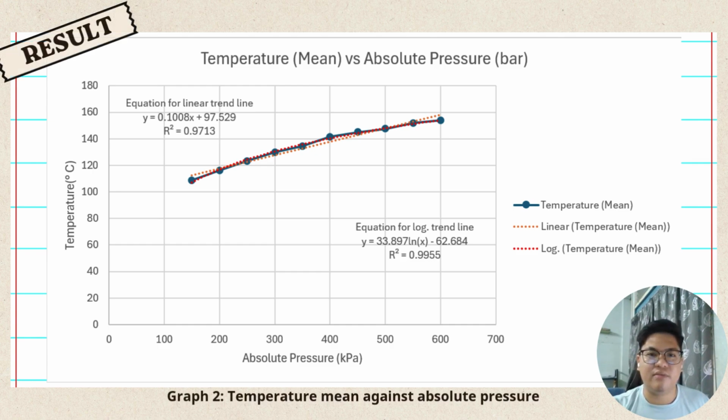This is the graph of the mean temperature against the absolute pressure. As you can see, we add two trend lines, which are the linear and the logarithm. And we also included the equation for the linear trend line and the equation for the logarithm trend line.